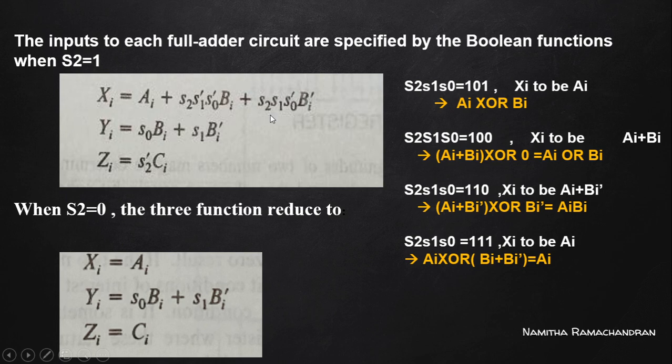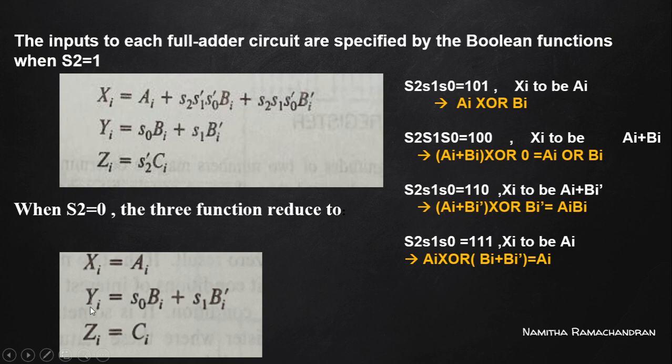That means the input for Xi and Yi is like this, so that it performs different logical operations. With S2 equal to 1, the Xi and Yi inputs are like this. Xi is Ai plus S2 S1 complement S0 complement Bi plus S2 S1 S0 complement Bi complement. And the Yi input is S0 Bi plus S1 Bi complement.